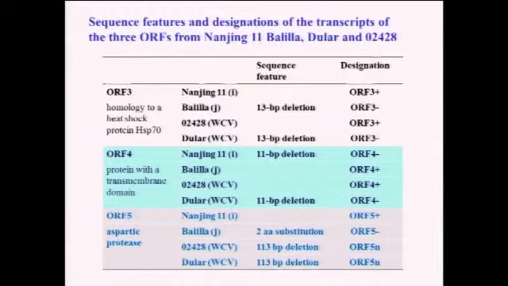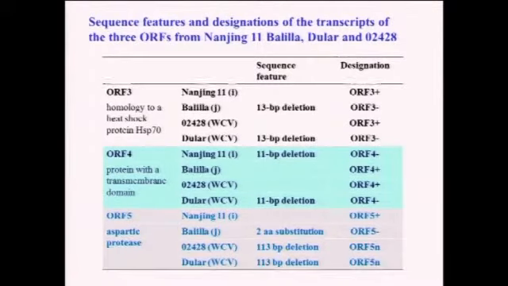And then based on the sequence analysis, we designated the alleles from different varieties. ORF3 from the japonica one as ORF3 minus. I have reason for that.